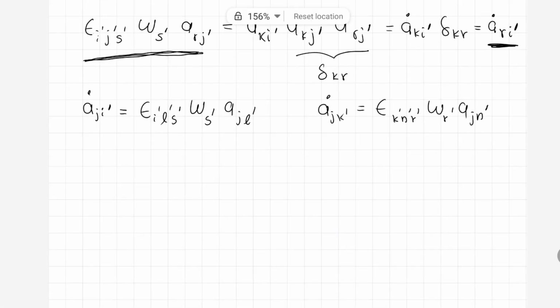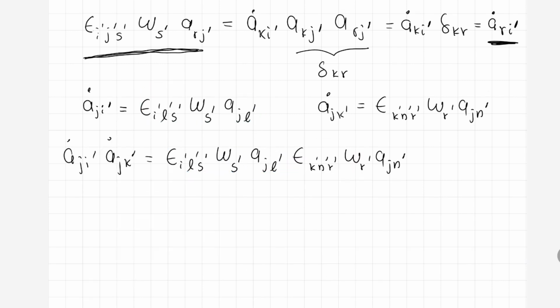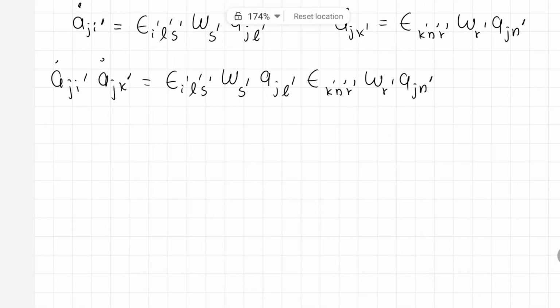Perfect. So what happens if we multiply these two quantities? Well, we are going to have that A dot Ji times A dot Jk is, well, let me copy these quantities to make it faster. Okay, perfect. We will have that expression over there. Again, we see here that we have a product of these quantities, and that means that we are going to get a Kronecker delta Ln.